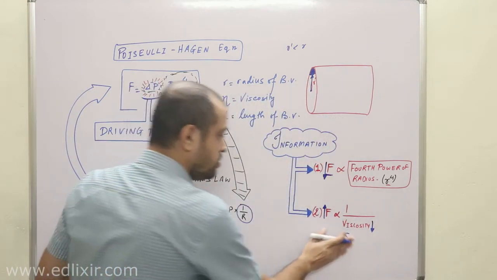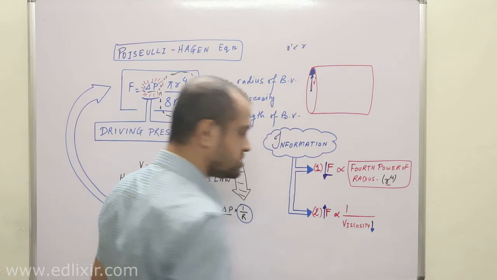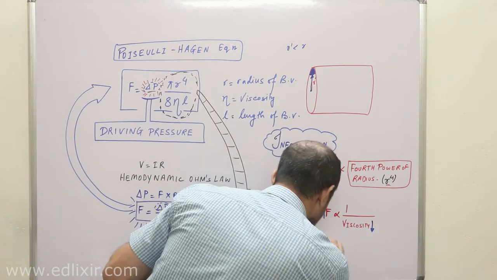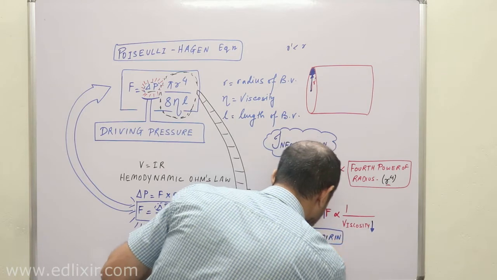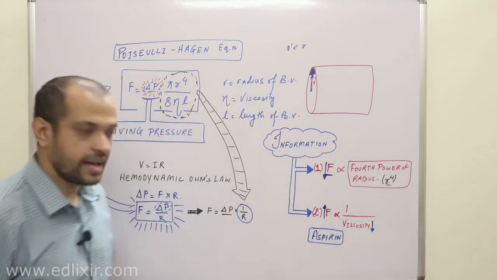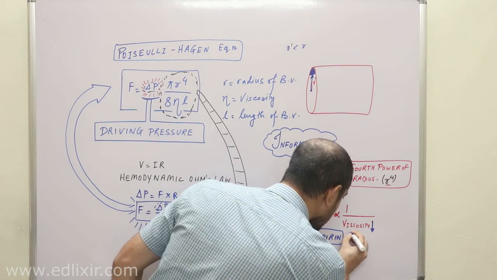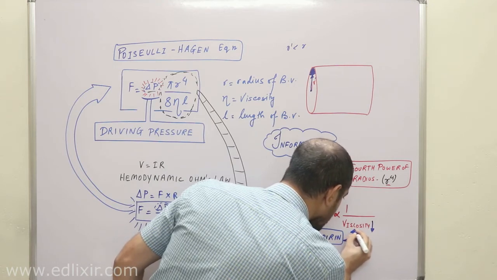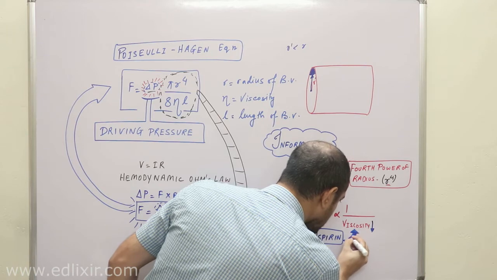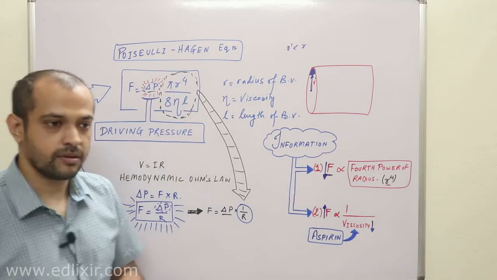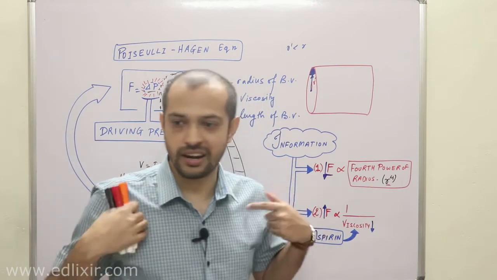Now listen with all your attention. Aspirin, okay? Aspirin does this job. Aspirin actually decreases the viscosity of blood. Okay? That's why aspirin is given to patients who are having blockage in their arteries or veins.